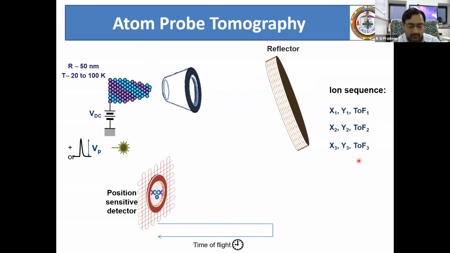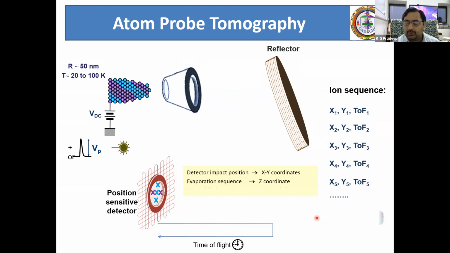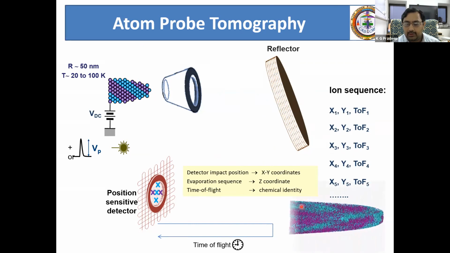With these three pieces of information, we'll be able to reconstruct whatever has been field evaporated into a three-dimensional form, so that you get the entire picture of your original material, field evaporated into a three-dimensional reconstructed volume, as you see here, and you can accurately identify the chemical species occupying different regions of your sample. So this gets very powerful.